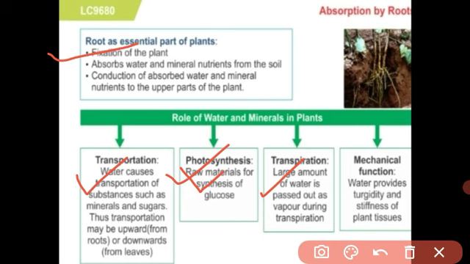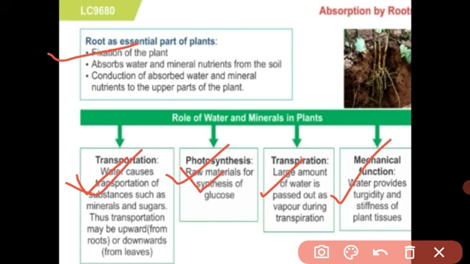Same like that, water is also a liquid medium and a solution which is absorbed by the root, and the nutrient glucose made by the leaf mixes into the water, and this water transports the nutrients, water and minerals to all parts of the plant. So water also helps the plant in transportation.